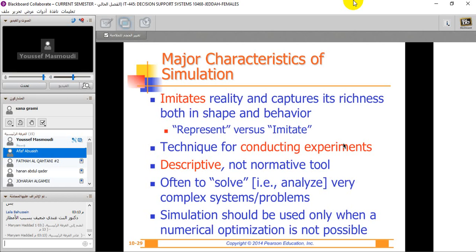So we are using simulation especially when you have a very complex problem that you cannot model, for example. Simulation should be used only when numerical optimization is not possible. Sometimes it's not possible to optimize, to write the mathematical model. So in these cases, you are requested to use simulation for complex problems.